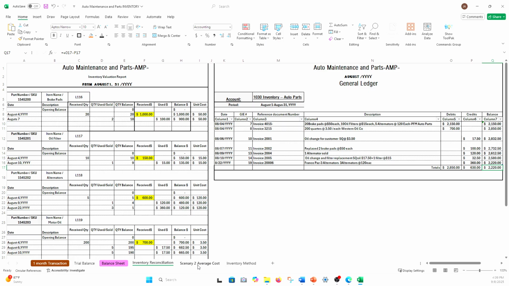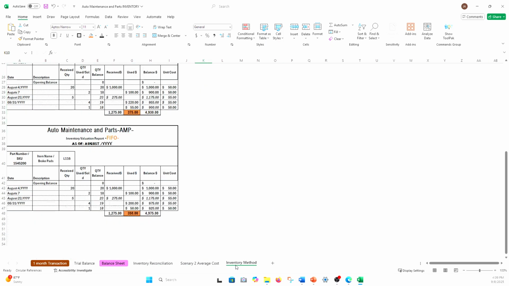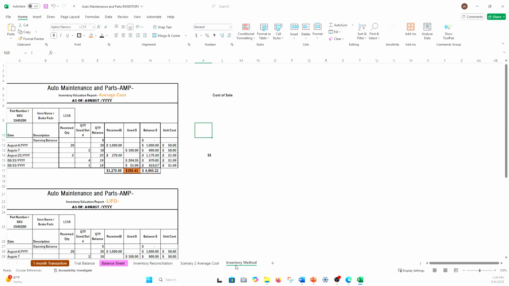So let me show you how the inventory methods work. We already talked a little bit about the average cost, which is basically that you buy here, and your dollar balance amount is divided by the quantity balance.